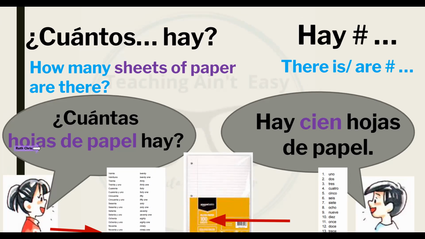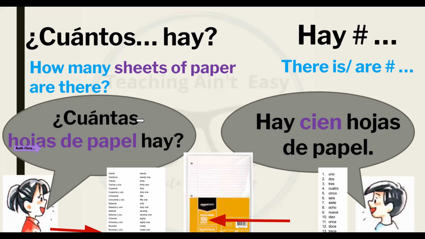Hojas de papel. Another thing to note is that we don't put the un or the una like there it is on the vocab list. We don't say how many a sheet of paper. We just say cuántas hojas de papel because we don't really know that it's one sheet of paper. It could be more. So that's why we completely eliminate that from the question.